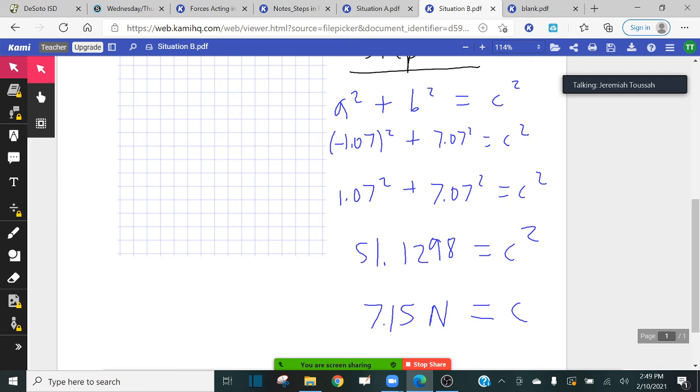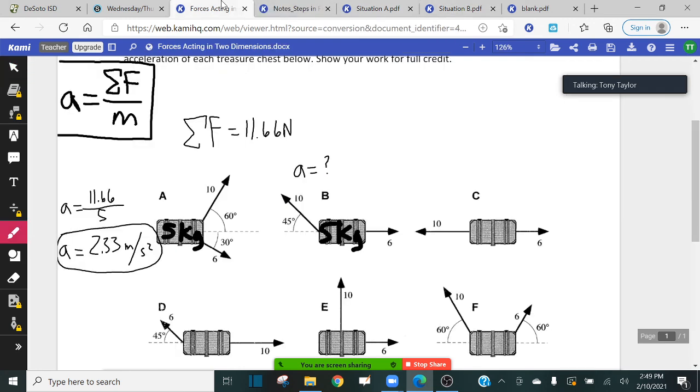Okay, I got 7.15. Yep, that's right. Okay, guys, we're almost done with situation B. We got 7.15 newtons for the sum of our forces.